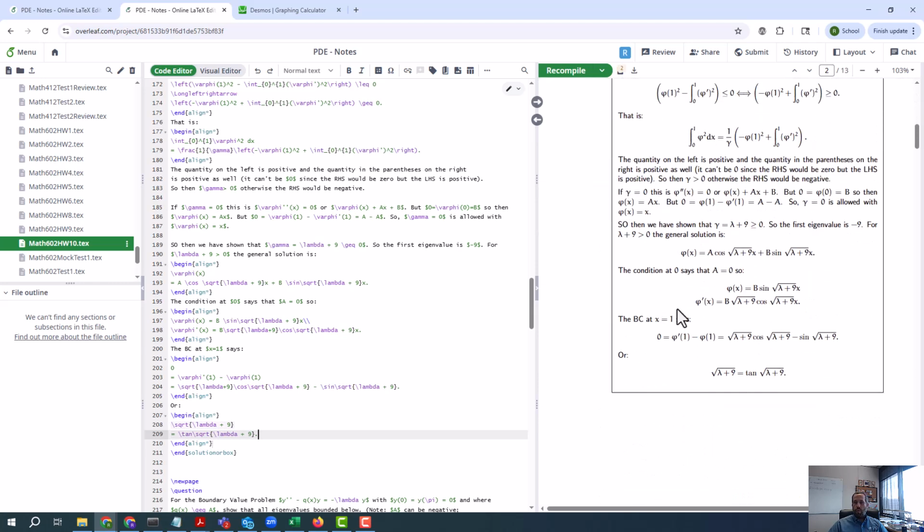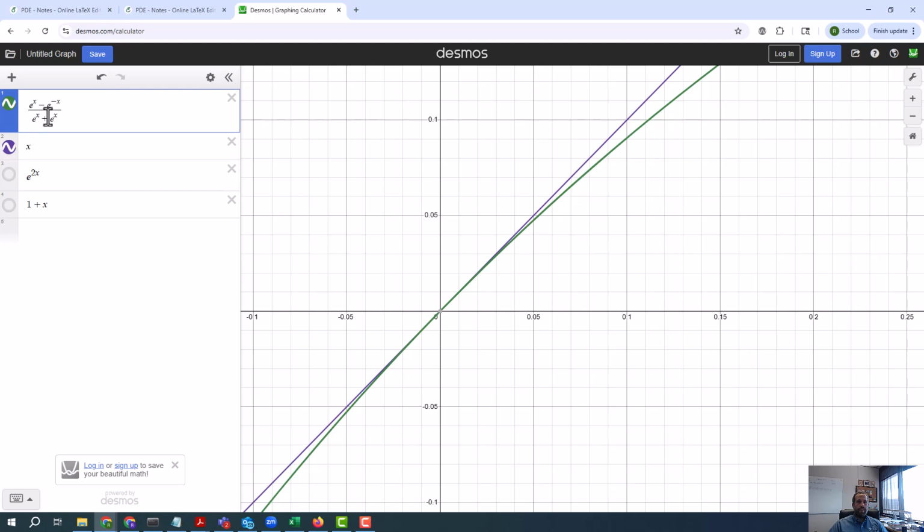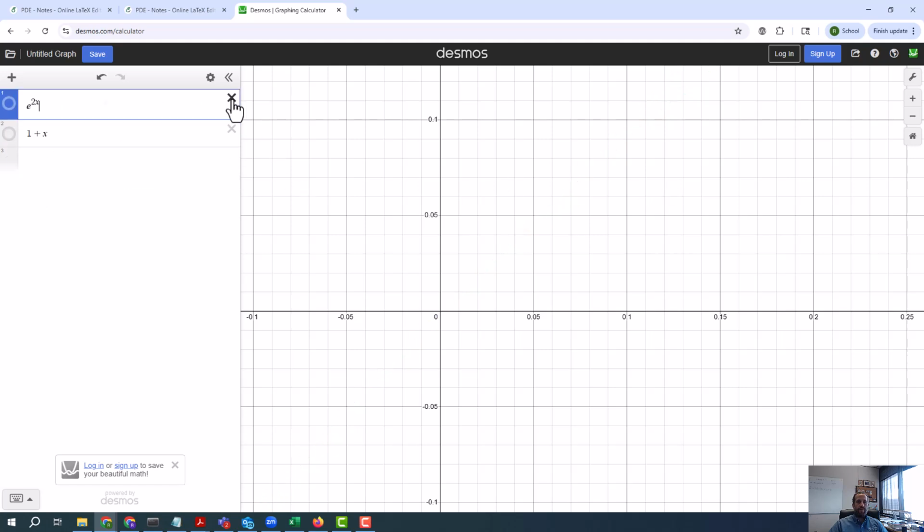If we want to, we can come over here to Desmos. This is for the exponentials, if you want to go the exponential way to show that the eigenvalues have to be non-negative. We're going to look at square root of x plus 9, and then we're going to look at tangent of the same.